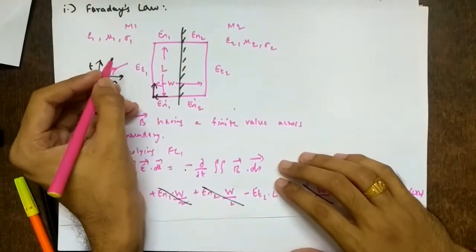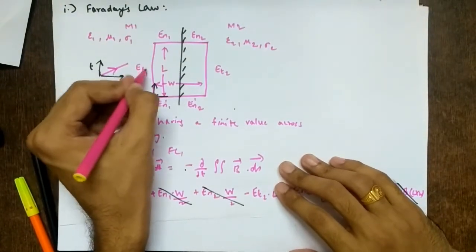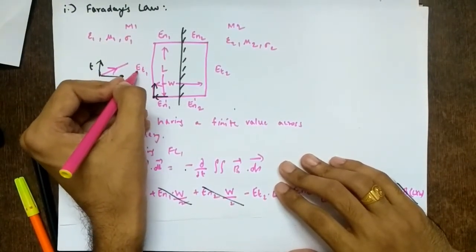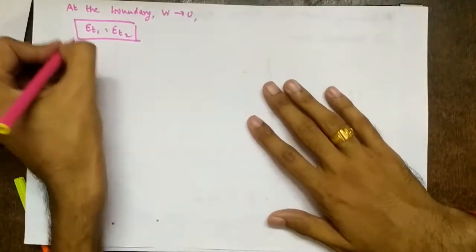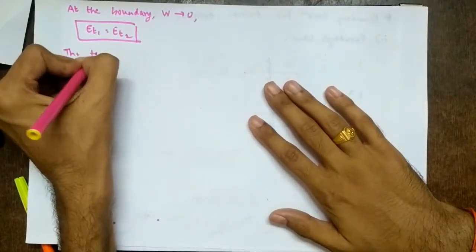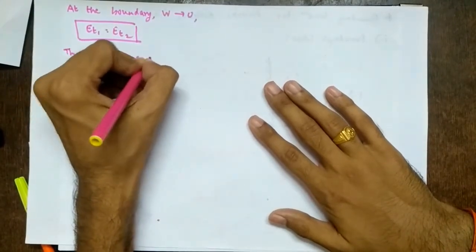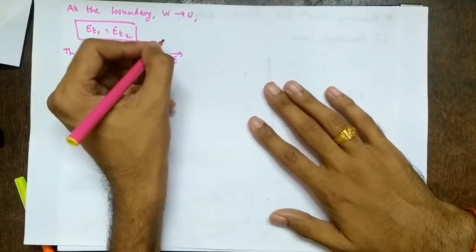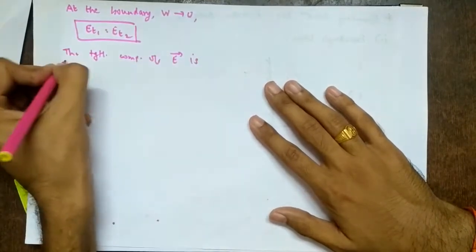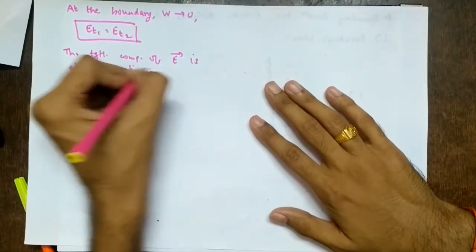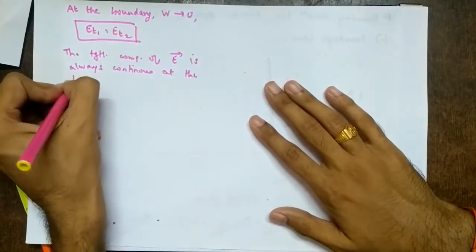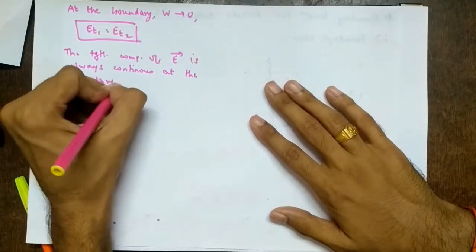What does this mean? It has a very important consequence. It states that the tangential component of the electric field which was incident from medium 1 onto medium 2 will be the same. So this we write in the form of a sentence as: the tangential component of electric field E vector is always continuous at the boundary.